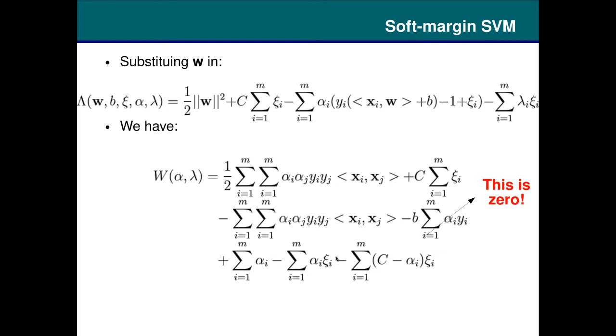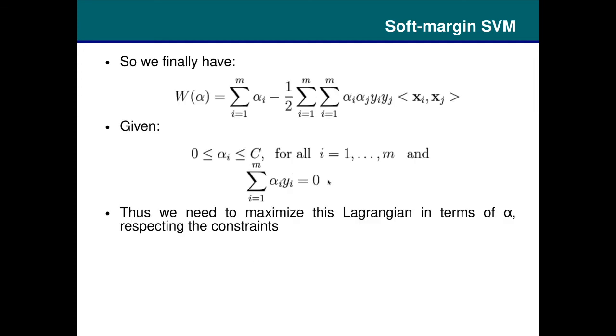So we are going to have this canceled out with a part of this and part of that canceled out with this. So we have a positive half and a negative element. So this is going to be minus half of this plus alpha i. The same solution as for the hard margin, but the constraints are different.